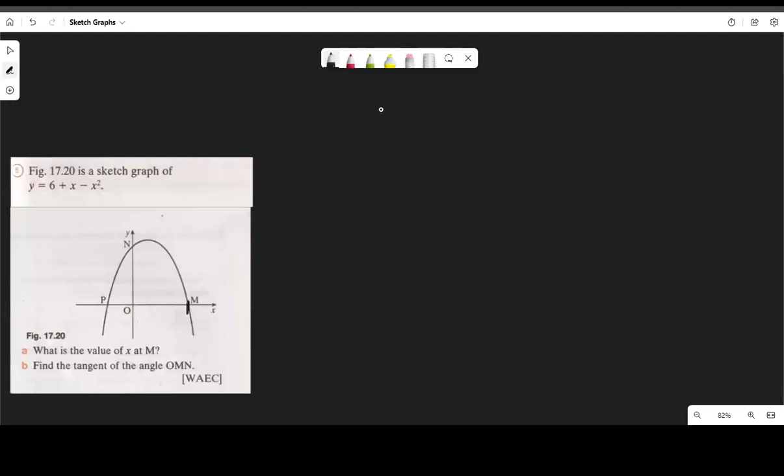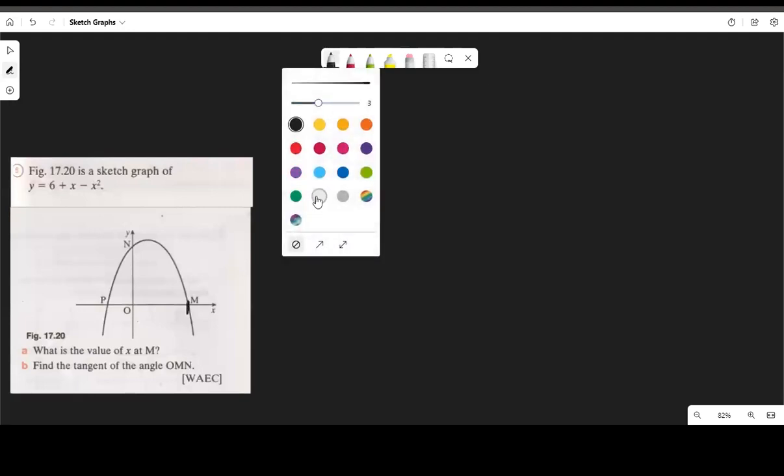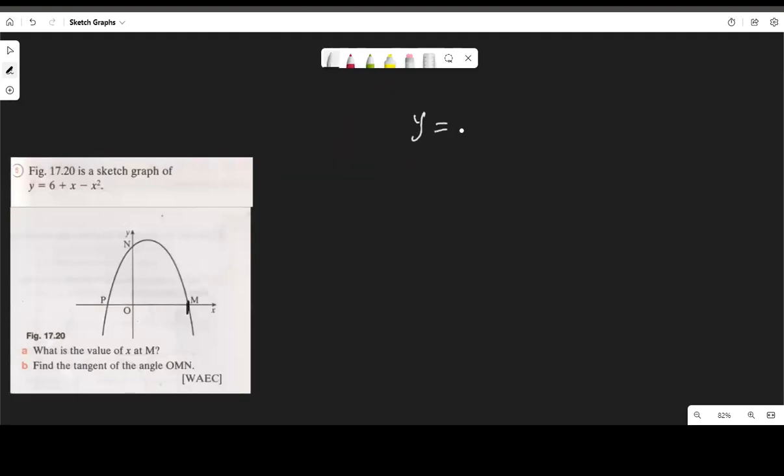So if y is equal to 6 plus x minus x squared, to find the value of x, we set y to be 0. So 0 is equal to 6 plus x minus x squared.